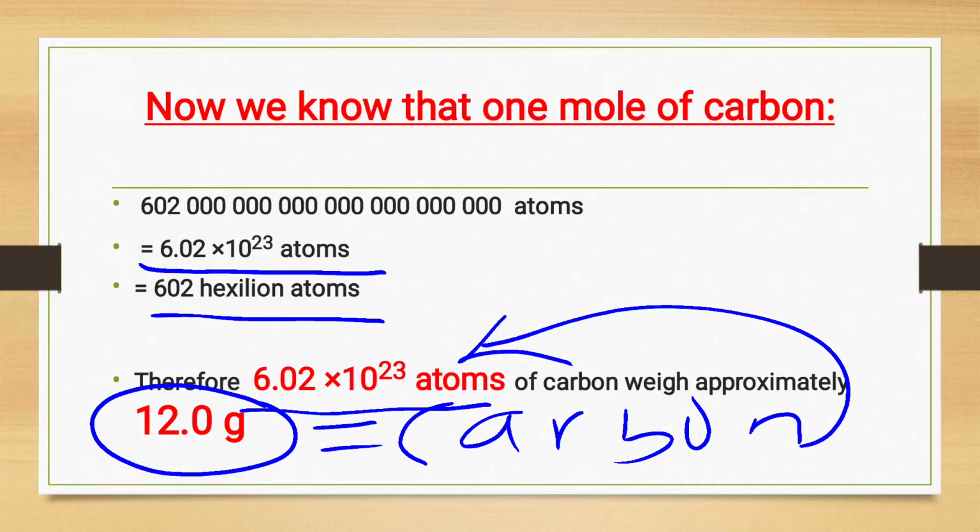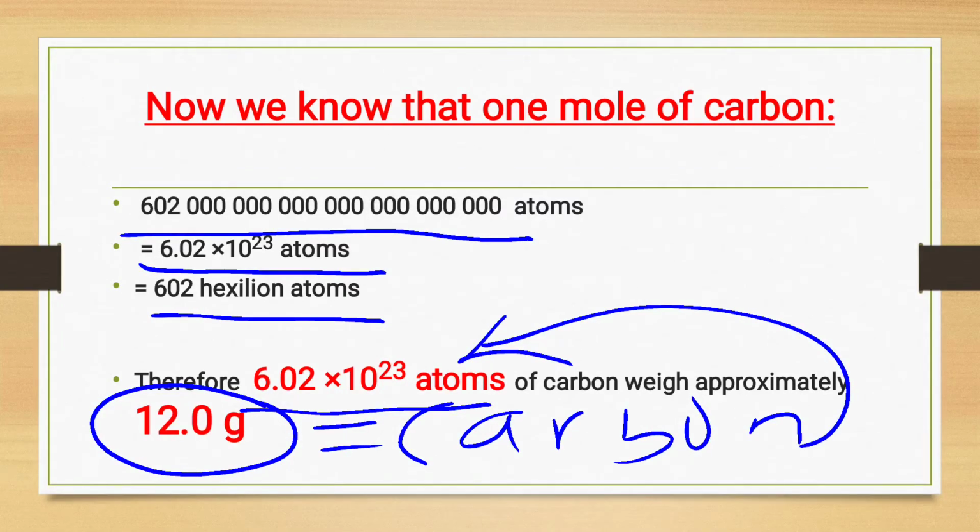What does that tell us? That if you are told to go to the laboratory and get 602 sextillion atoms of carbon, of course you cannot count from 1 up to 602 sextillion. This is a very big number. It will take you billions of years.